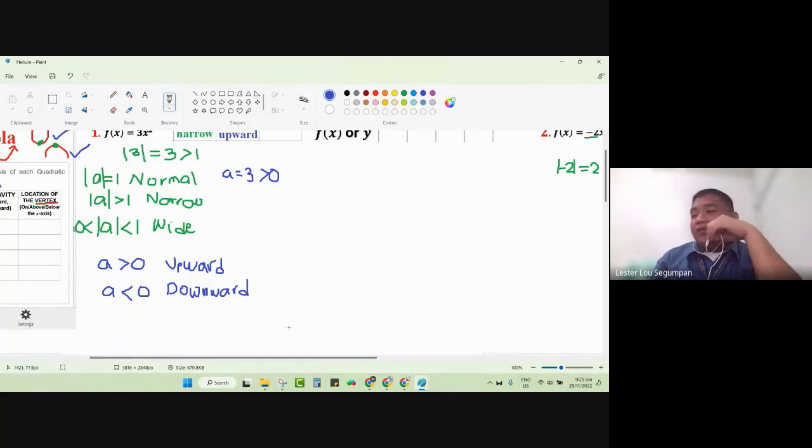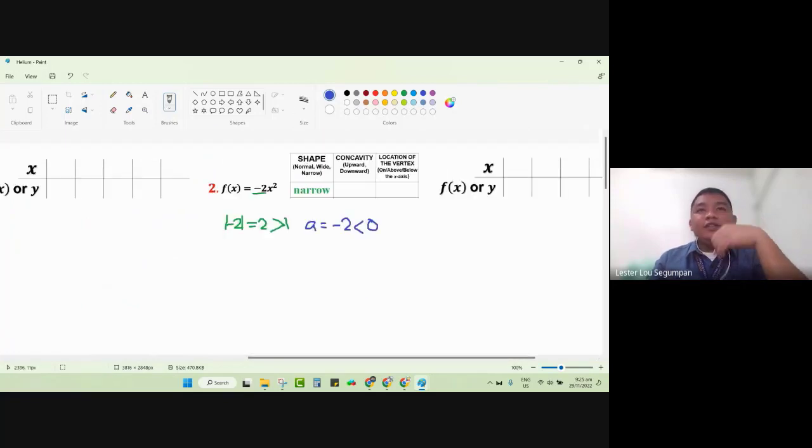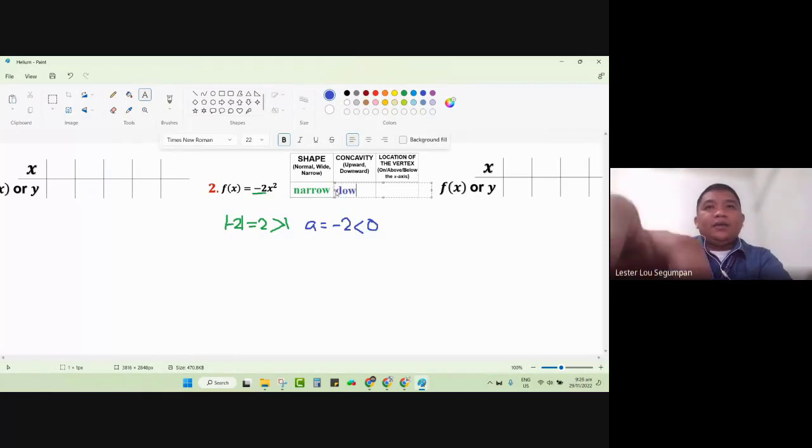By the way, if you're wondering how this analysis came into being, I have put the discussion, comparison, and representation in our material. I just need to review that one. So again, the second function for its graph, the parabola should be opening downward.